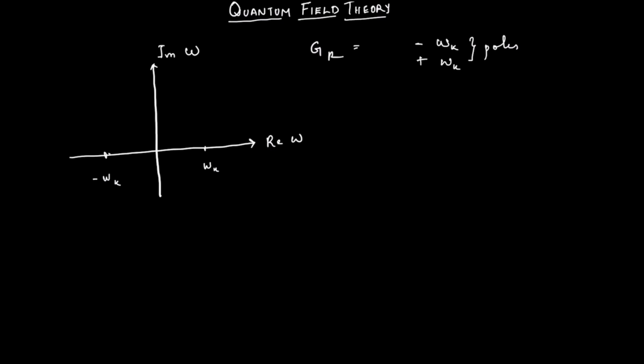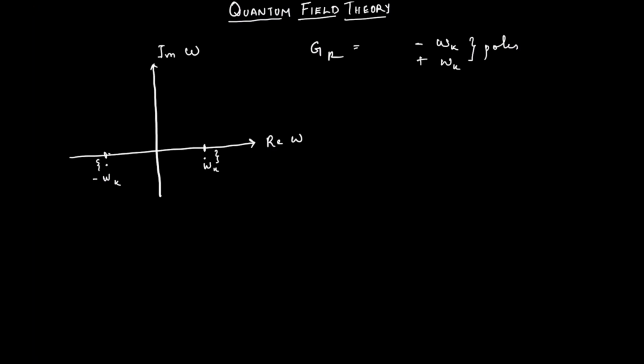So this is the original singularity, and I am going to slightly move the singularity below the real axis. Okay, so I have shifted. There is a tiny shift, and this tiny shift will not affect the answer.